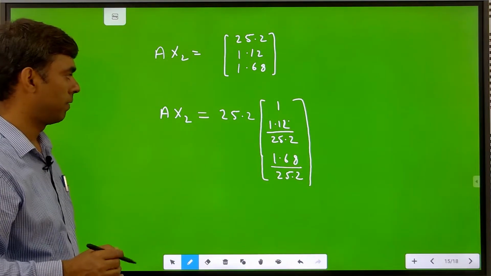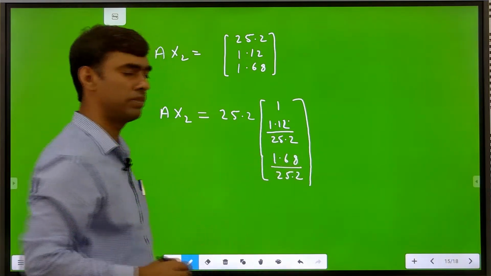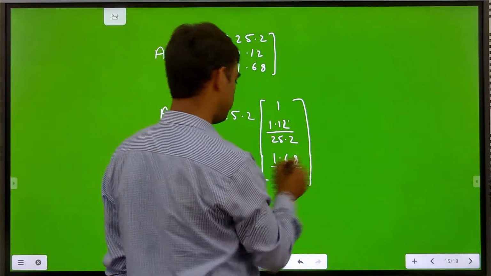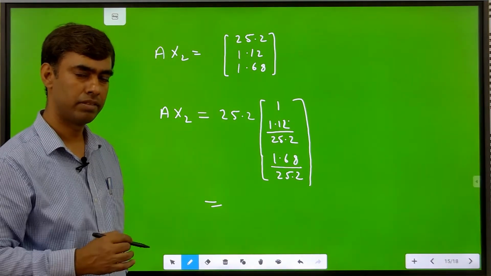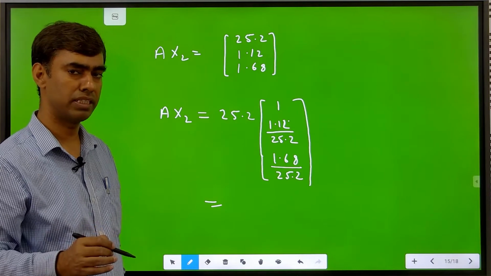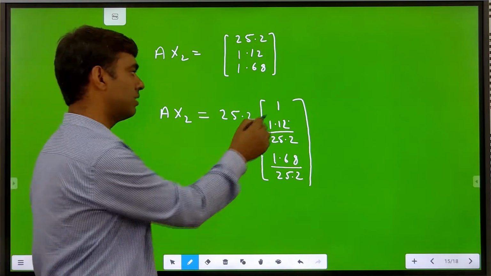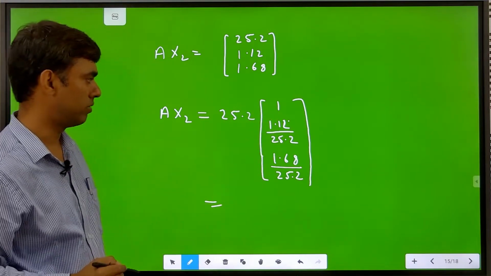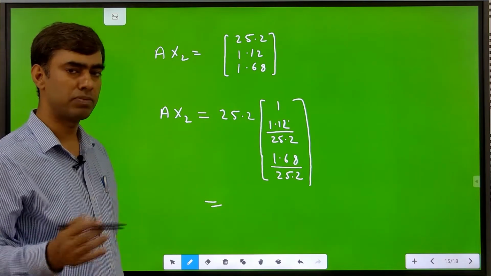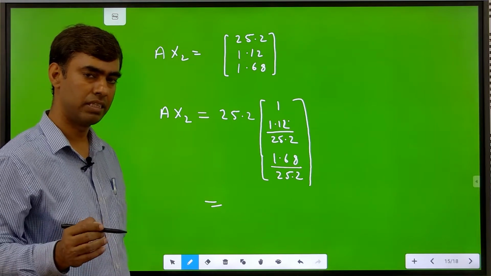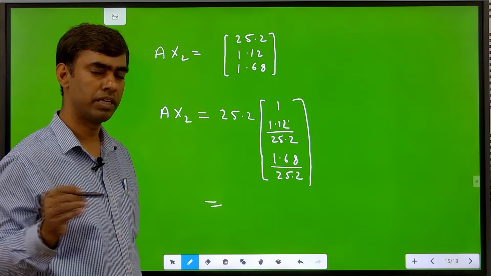Now we simplify these expressions and find the approximate eigenvector corresponding to the largest eigenvalue. The largest eigenvalue up to this iteration is 25.2, and the eigenvector is 1.12 divided by 25.2, 1.68 divided by 25.2. We repeat this process until in successive iterations the approximate eigenvector becomes equal.